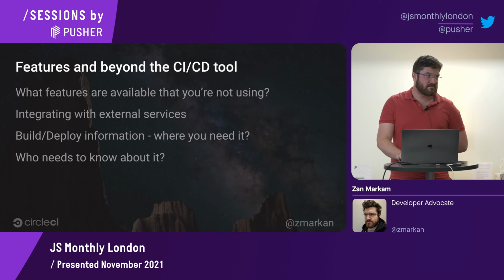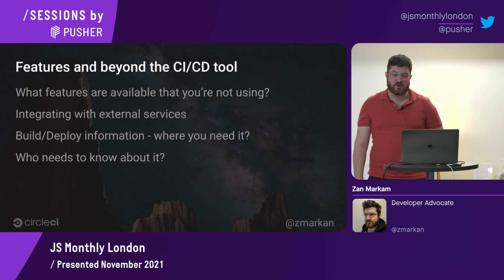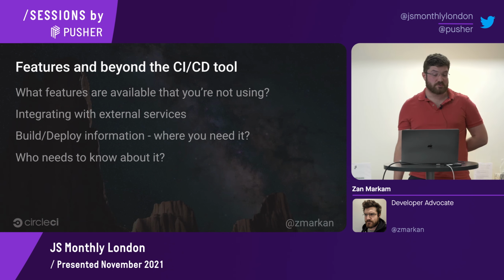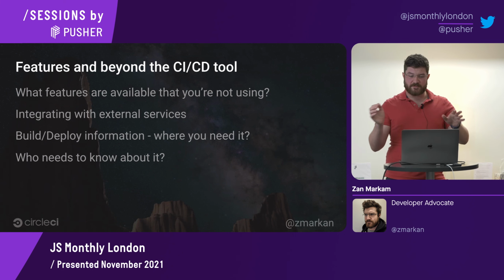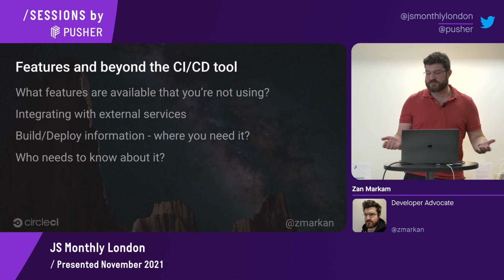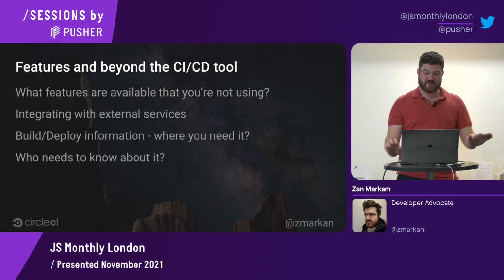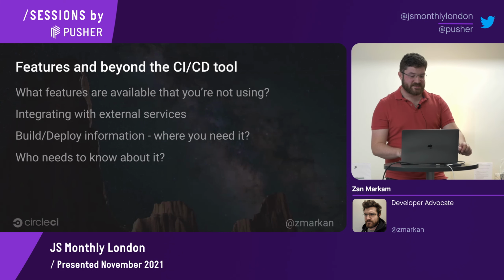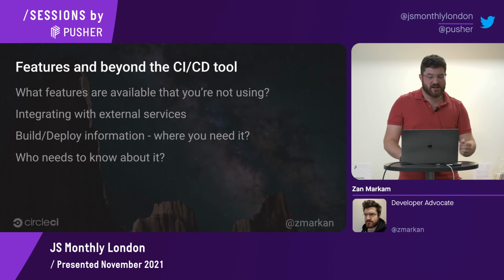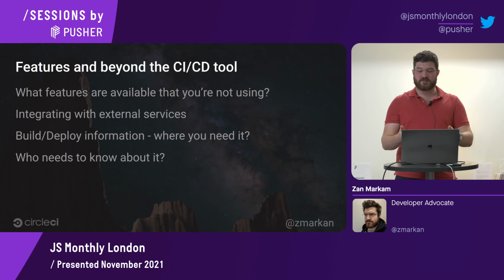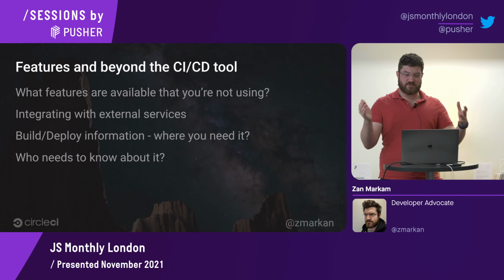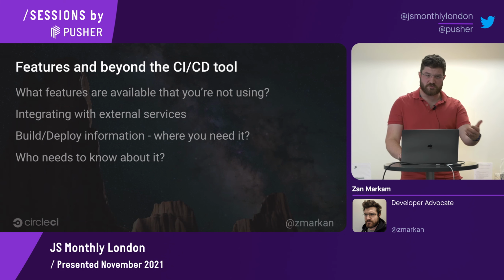And then look at what we can do beyond the actual CI/CD tool. Especially with teams that have implemented CI/CD pipelines maybe six months ago, a year ago, they can forget about this because it works. Why bother? Let's just forget about this. It keeps building, we're good. But maybe there's tools out there that are now part of your platform that you could be using.